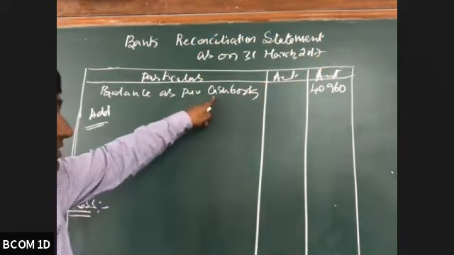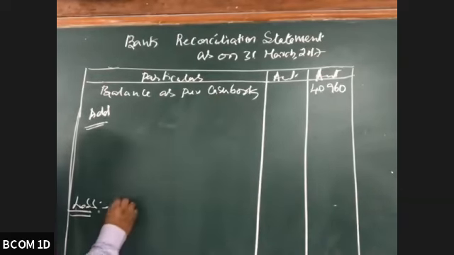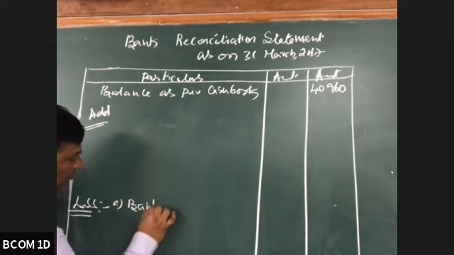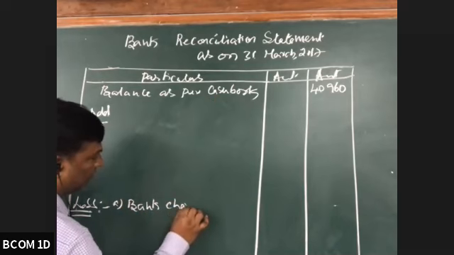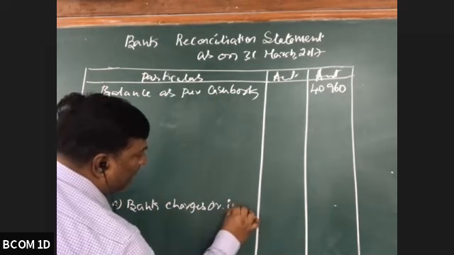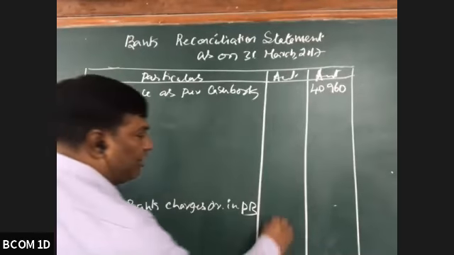So when you're starting with cash book, reduce it to the level of passbook. Bank charges debited only in passbook. How much? 100.